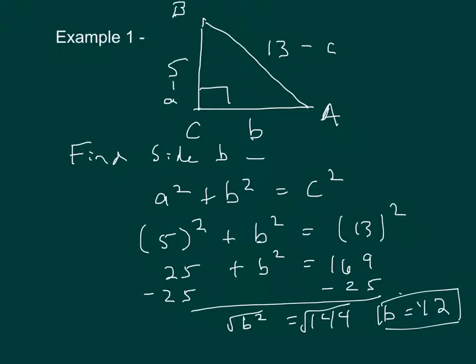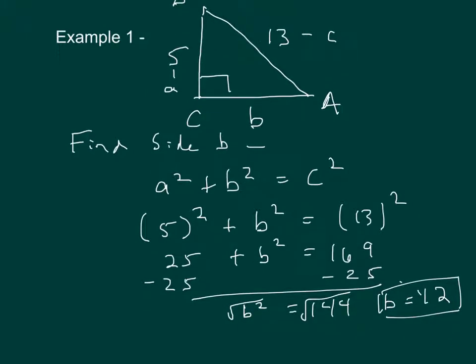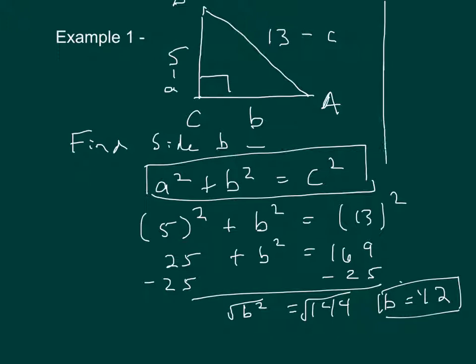Quickly, to check, we can go back to our Pythagorean theorem formula and substitute in to make sure we're correct. So we ended up with 5 squared, plus B was 12 squared, equals 13 squared.